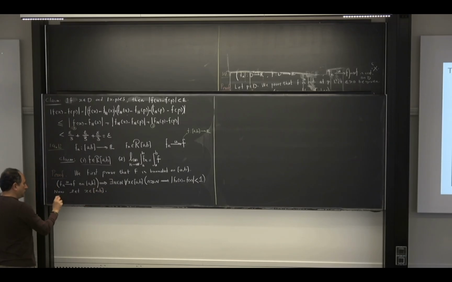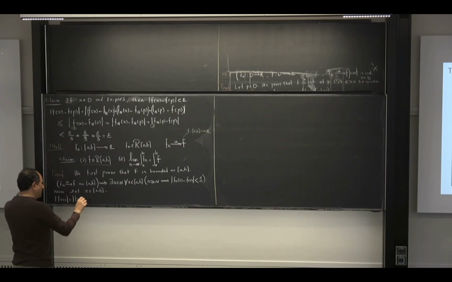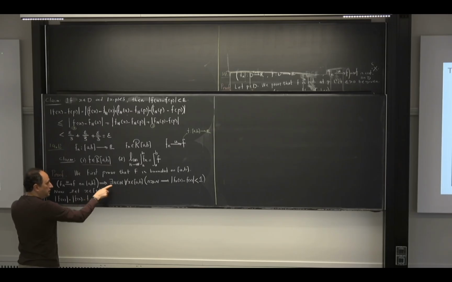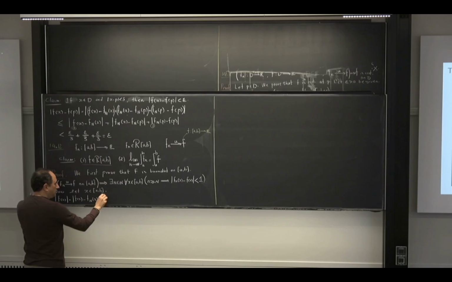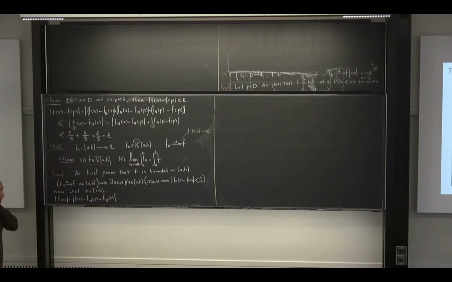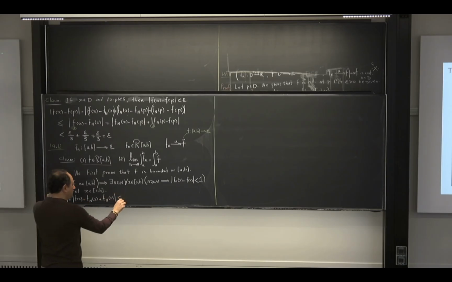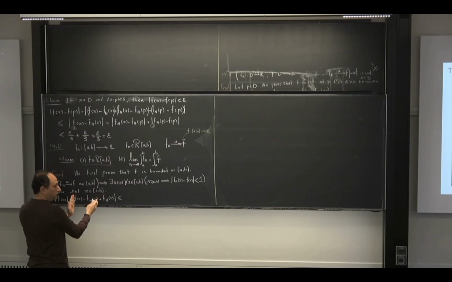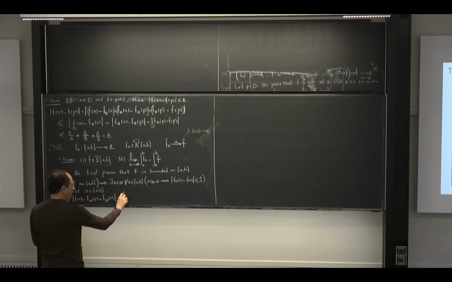So do you agree that absolute value of f of x is equal to absolute value of f of x minus f capital N of x, this capital N is this capital N, plus f capital N of x. Do you agree? Okay, and then this is less than or equal to the absolute value of the first one plus absolute value of the second one. But in the absolute value of the first one, I interchange it because it doesn't matter.